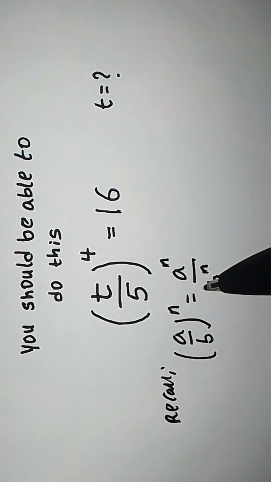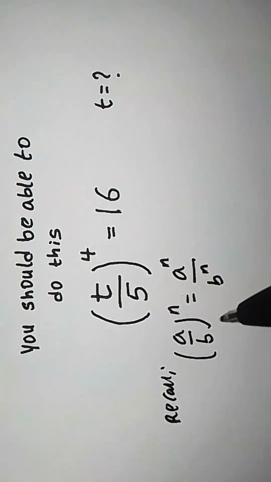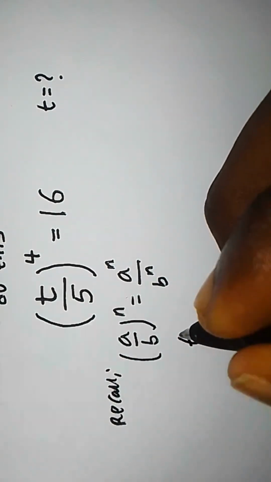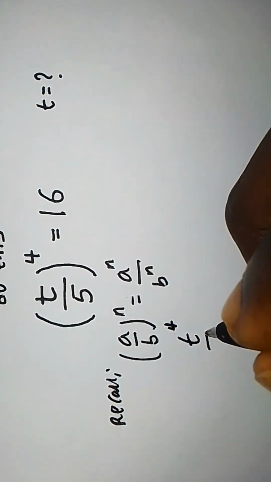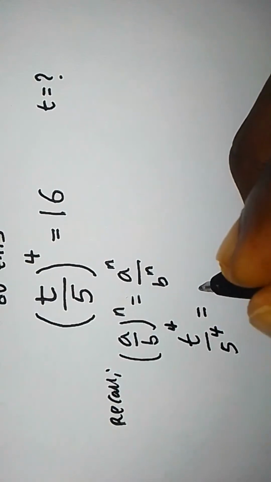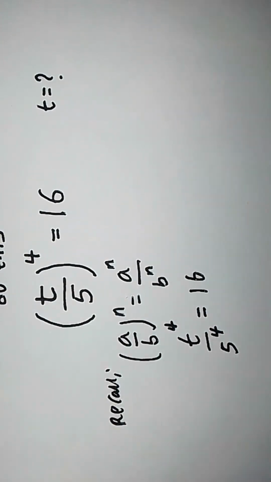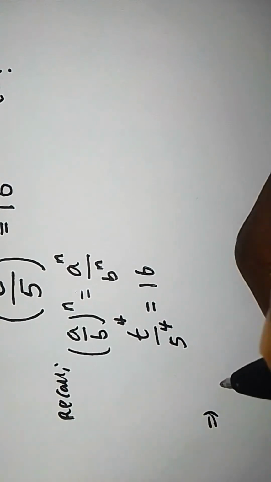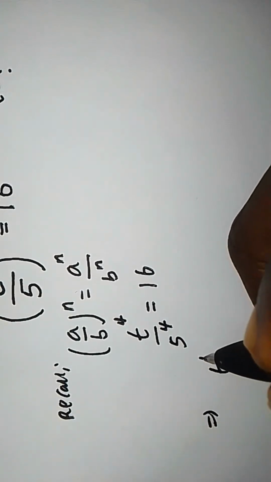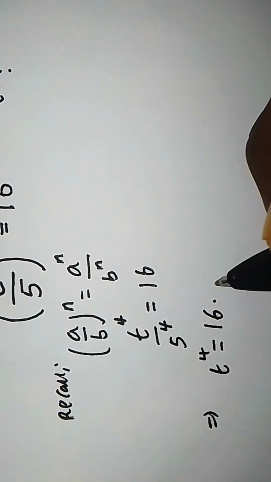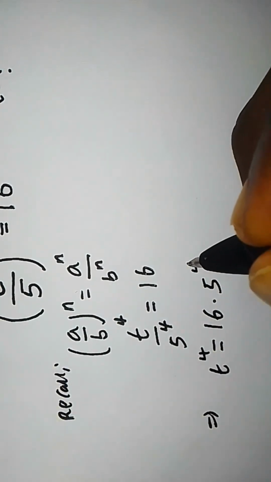Applying this identity to the left-hand side, we simply have t^4 divided by 5^4 equal to 16. Let's continue. This implies that t^4 is equal to 16 times 5^4.